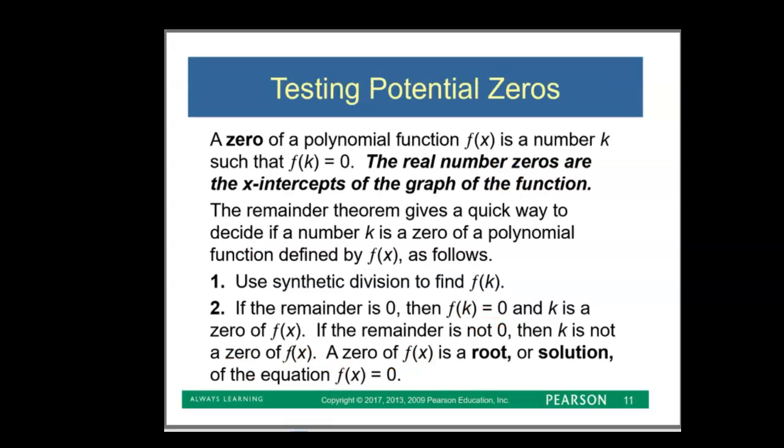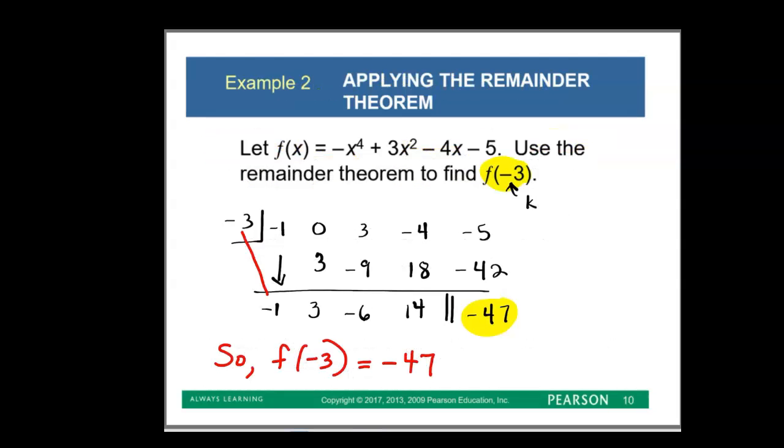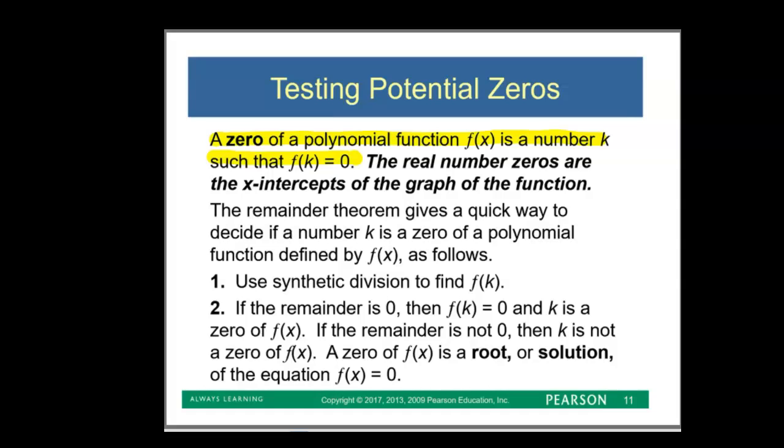Okay, and finally, we're going to talk about testing potential zeros. A zero of a polynomial function f of x is a number k such that f of k is 0. So if we apply the remainder theorem and we get f of k to be 0, so like right here, if I get a 0 right here, then I know that I have located a 0 of my polynomial function.